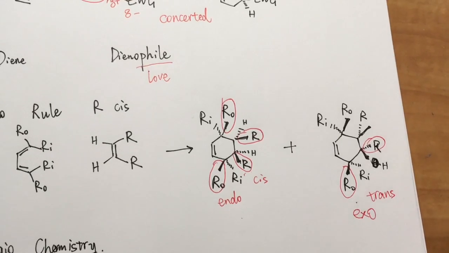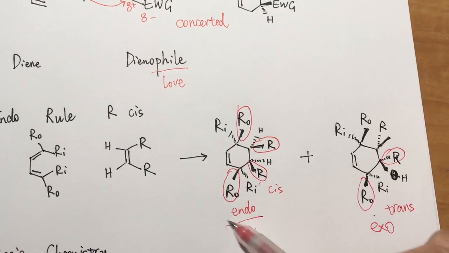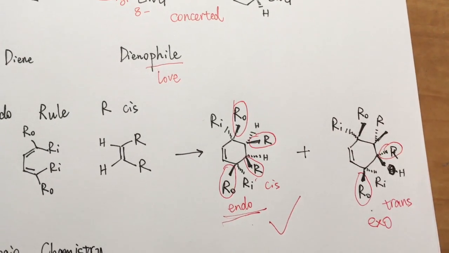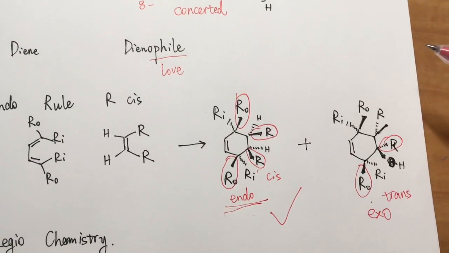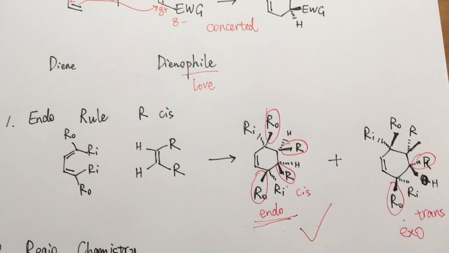Experimentally, people observe that in most cases the endo product is more favored. So when you see a Diels-Alder reaction, you should consider the endo as the major product.